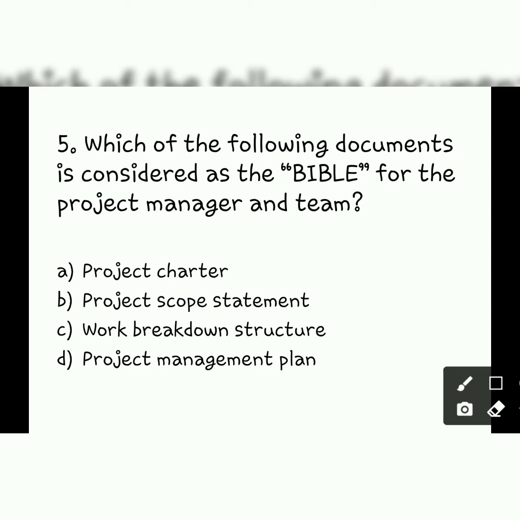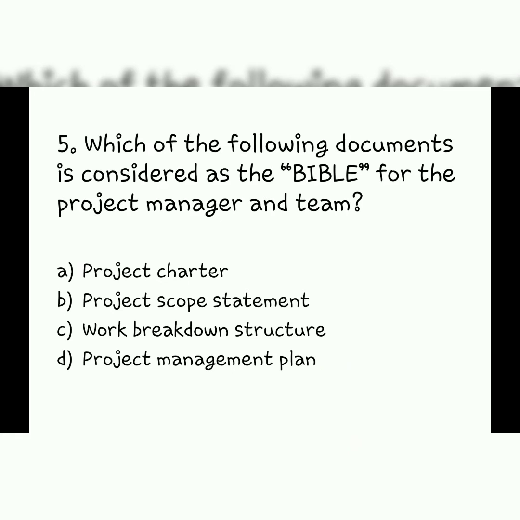The answer is the project management plan. It is metaphorically called the Bible of the project manager and the team. So the answer is D.